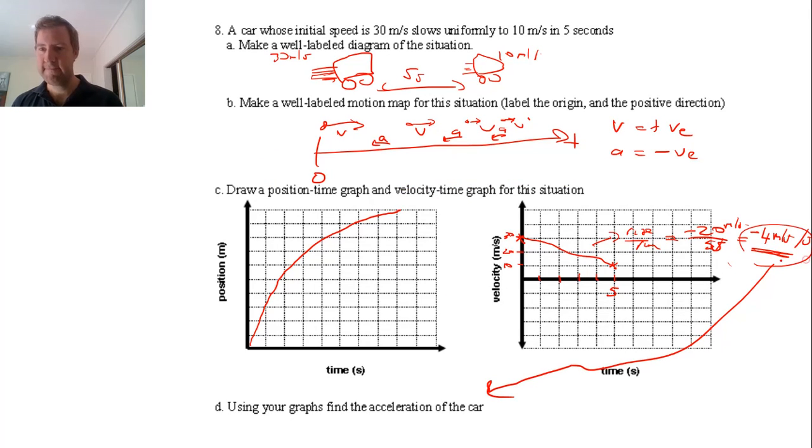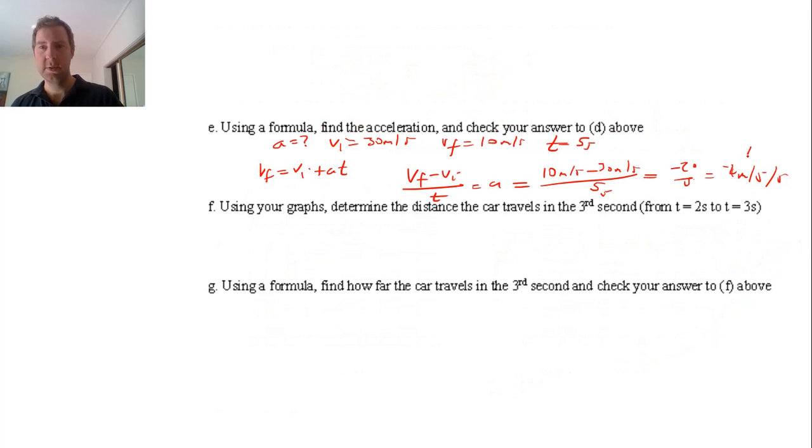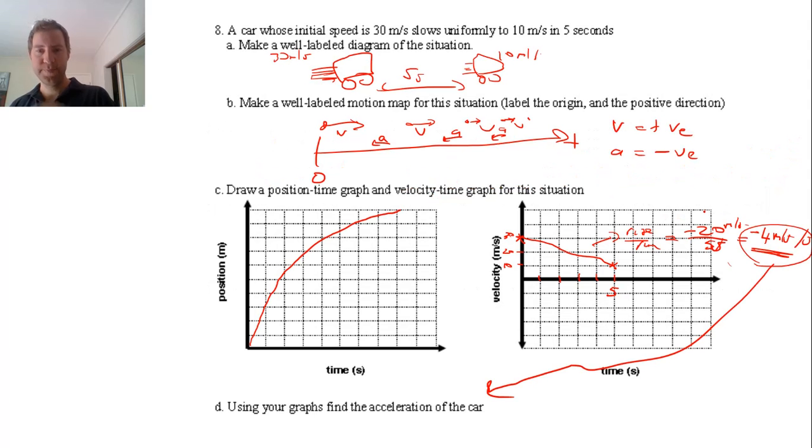Same. Hooray for me. Use your graph to determine the distance the car travels in the third second. The third second is defined as from 2 to 3. 1, 2, 3. How much distance does it travel between here and here?